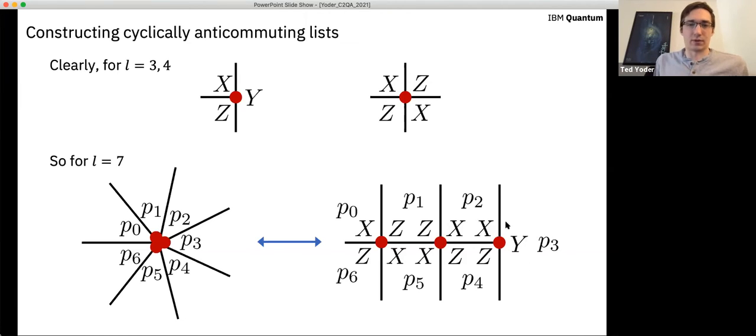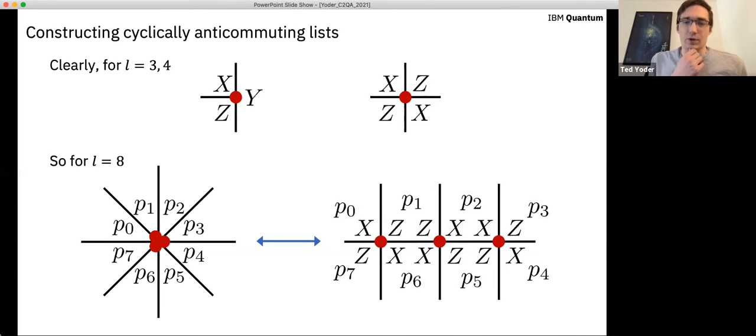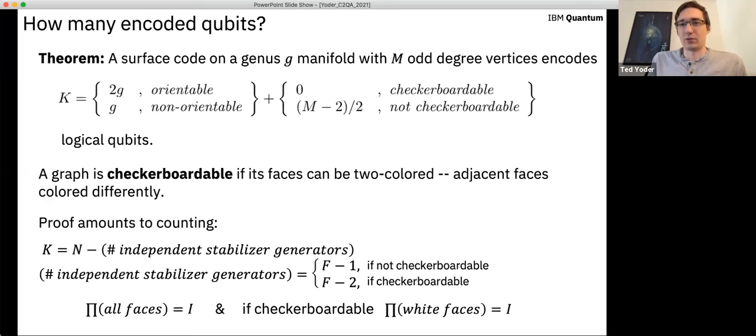And you can show that this always makes a cyclically anti-commuting list. So for instance, if we wanted a length 8, then we would just use the length 4 cyclically anti-commuting list as our base. We would never need a length 3 here. Okay, so I hope that convinces you that these exist, or eventually it will convince you.